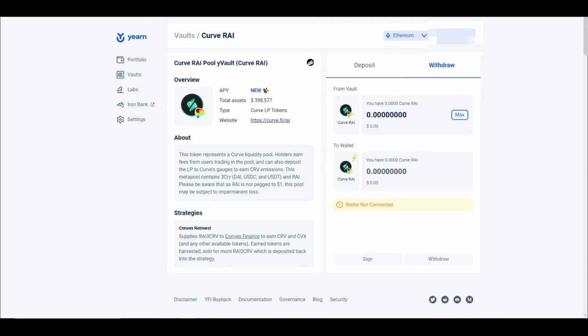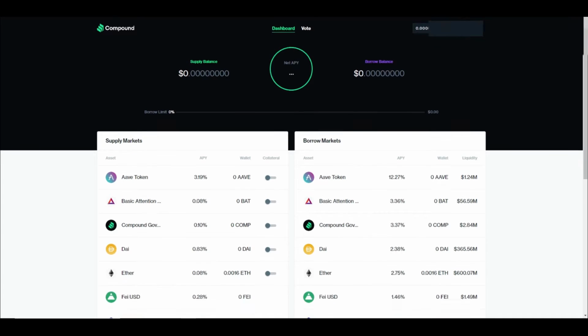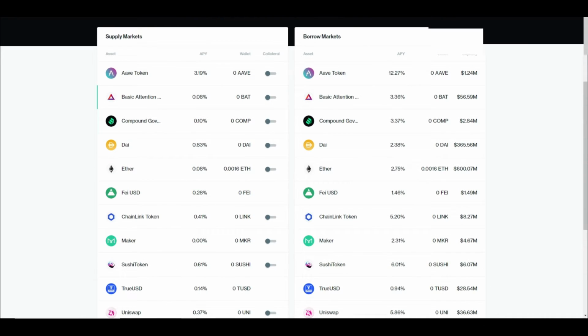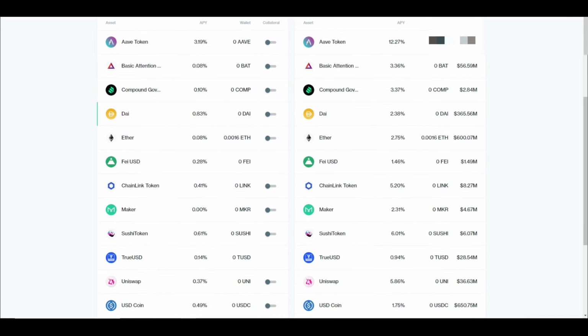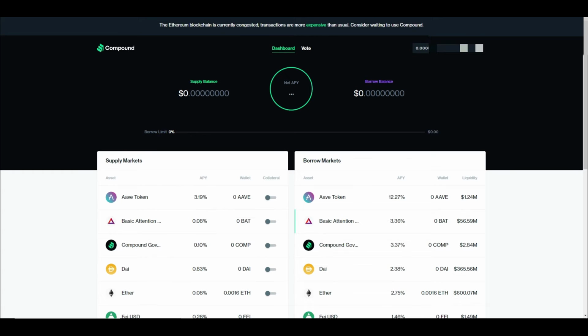But this is also, when we talk about Compound forks, we talk about lending platforms, and this is the starter of Compound. This is where Compound started, is Ethereum. And as you can tell, they have some pretty decent rates, but not the most attractive like other lending platforms.